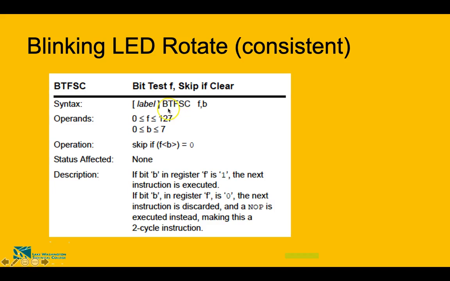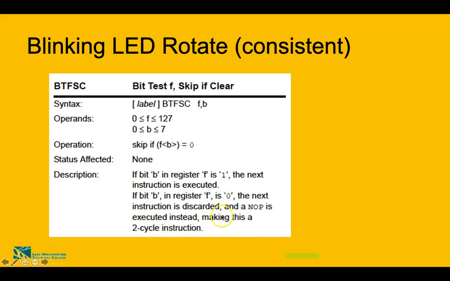This is the syntax: btfsc f comma b, where f is your file register. You will put the name of the file register here, and b is the bit to test. You can quickly read here: if bit b in register f is 1, the next instruction is executed. If bit b in register f is 0, the next instruction is discarded and a NOP is executed instead, making this a 2-cycle instruction.